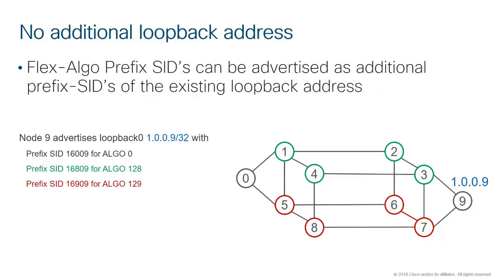One characteristic is the prefix SID 16,009 for algorithm 0, and then it will also advertise prefix SID 16,809 for algorithm 128, and prefix SID 16,909 for algorithm 129. So there's no impact on loopback configuration, additional addresses, etc.